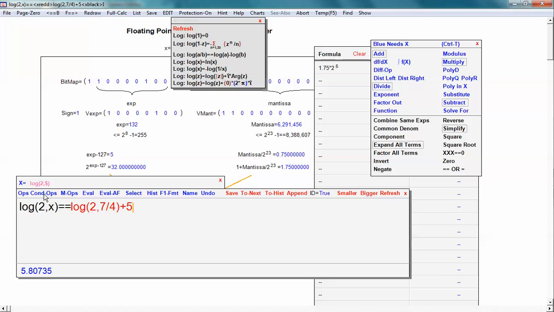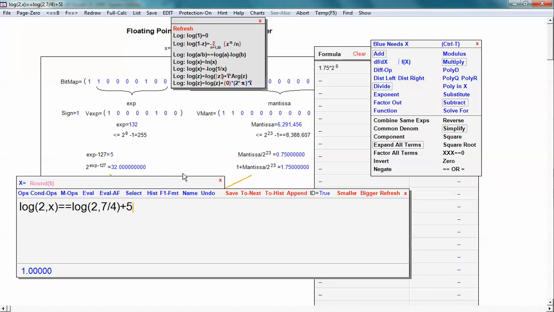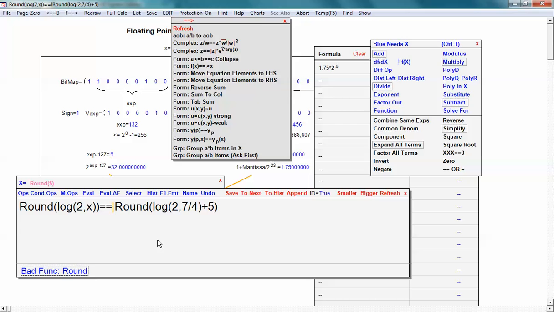So suppose I round both sides of this equation. I get this thing here, but rounding this thing is just 5. In other words, this side of the equation is just 5. It's the 5 I was looking for.